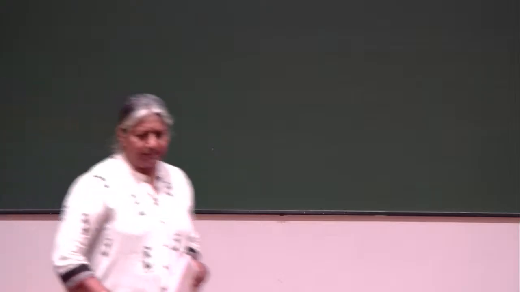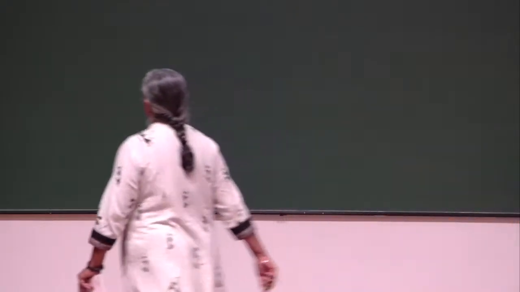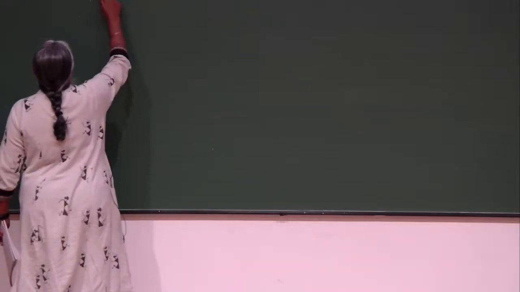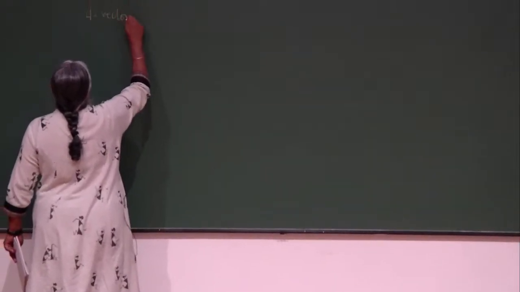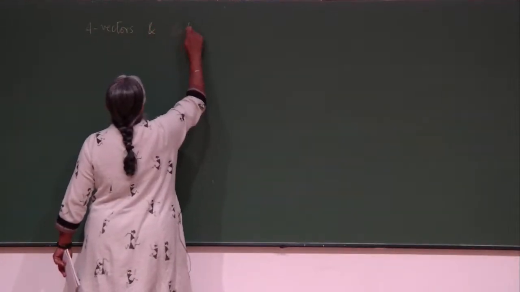So before I start the review on electrodynamics, I actually wanted to stop with the Lorentz group and transformations, but I found that I need one more property. So let me go over what I said in the last class. We were talking about tensors and vectors, 4 vectors and 4 tensors.